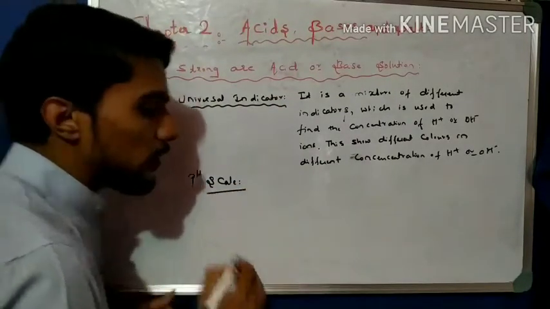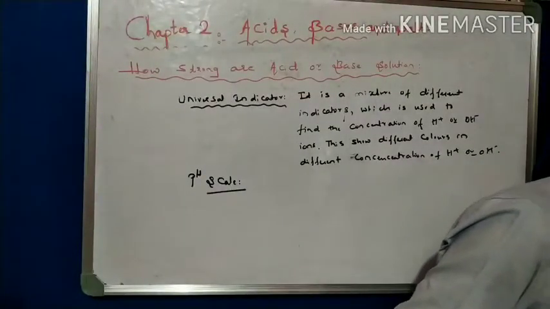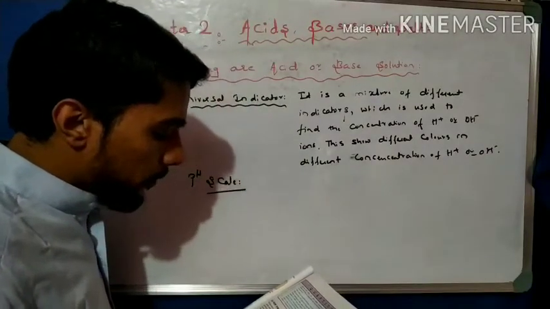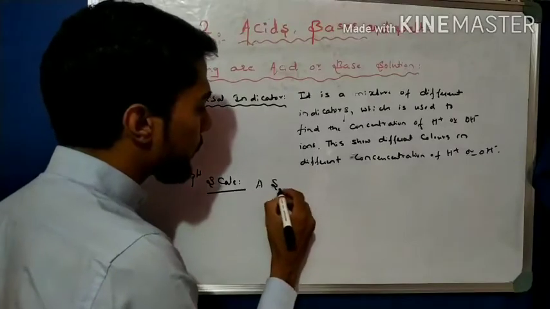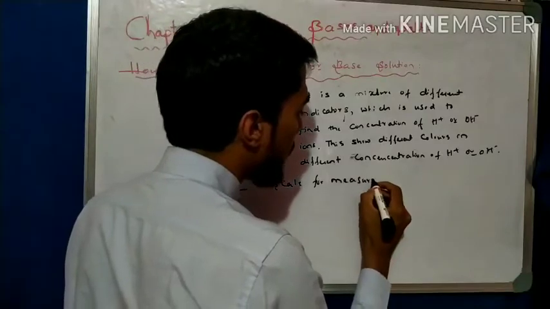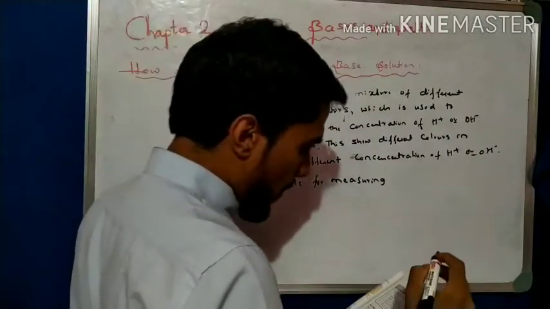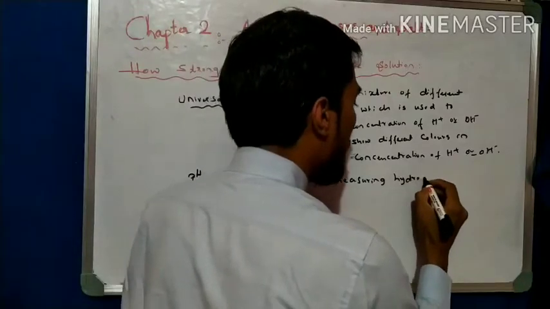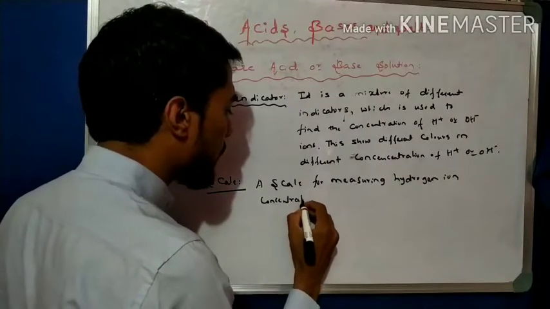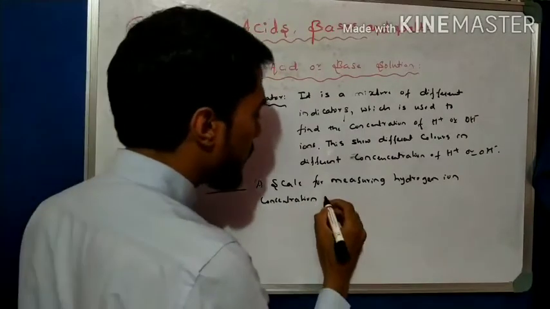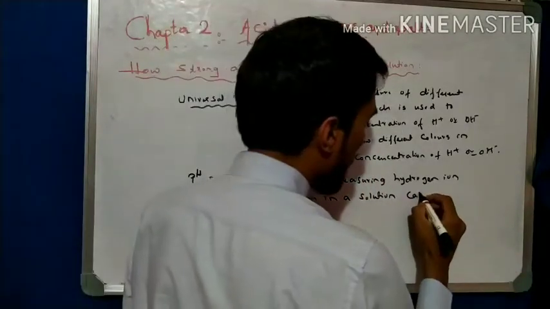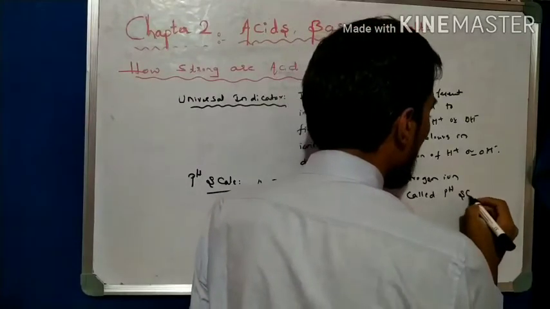So, write about what the pH scale is. A scale for measuring hydrogen ion concentration in a solution is called the pH scale.